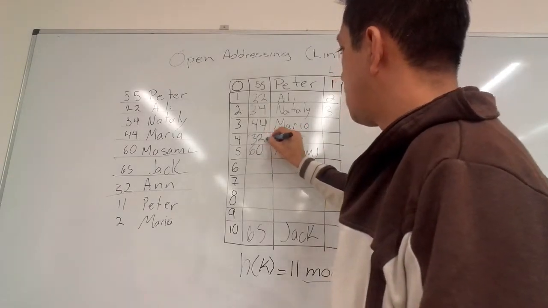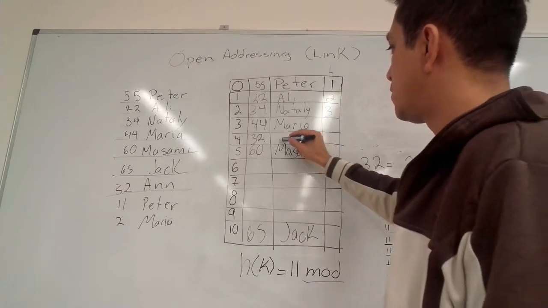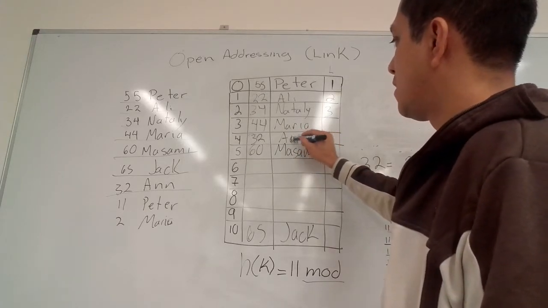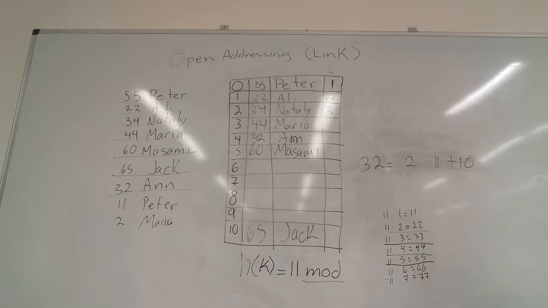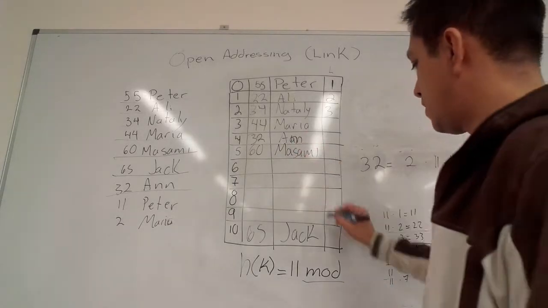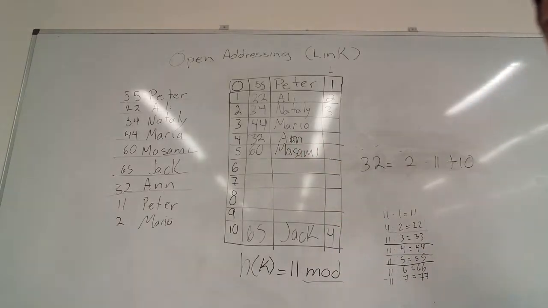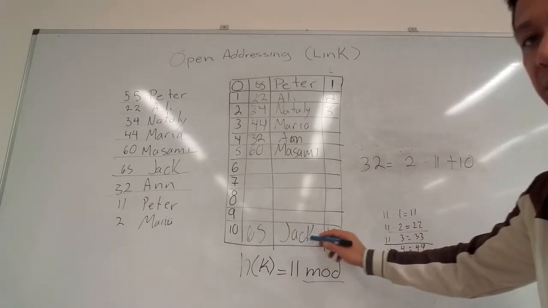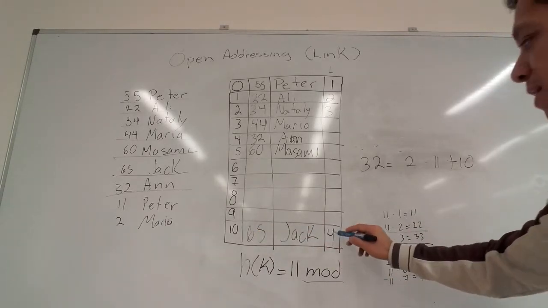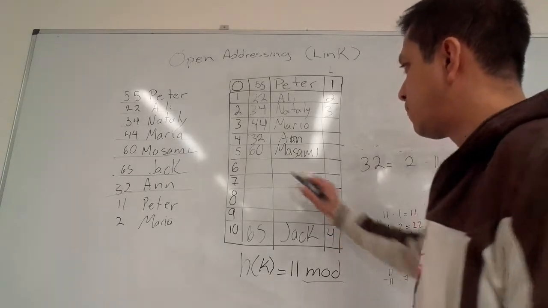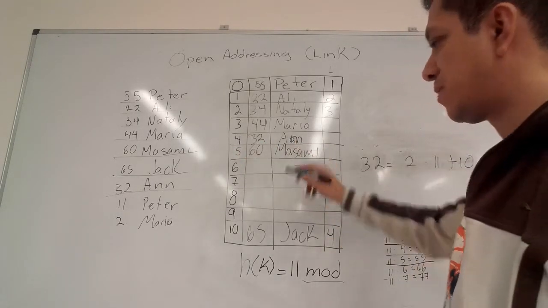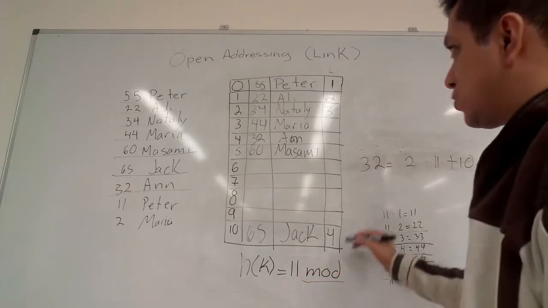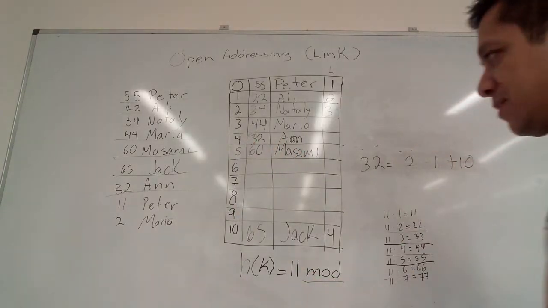So 32 is going to correspond to this one, and we place here the link, the number 4. It should be in the section number 10, but we are linking the place 4, where Anne actually is, to where the correct place is. So we link this part.